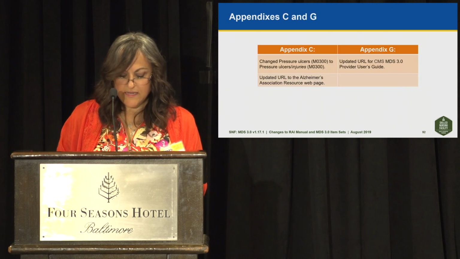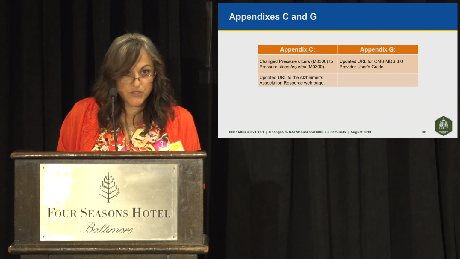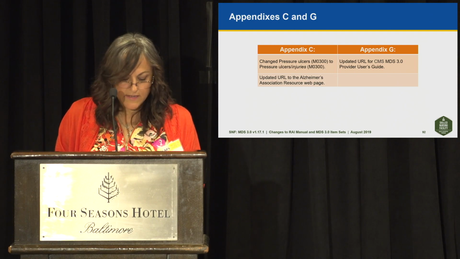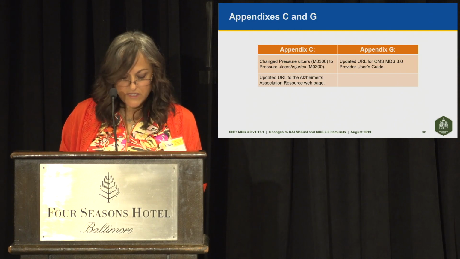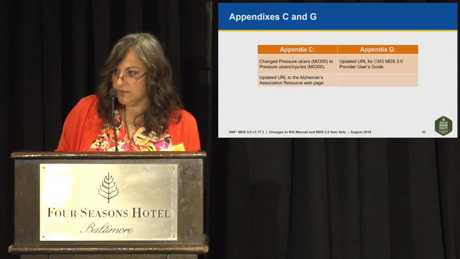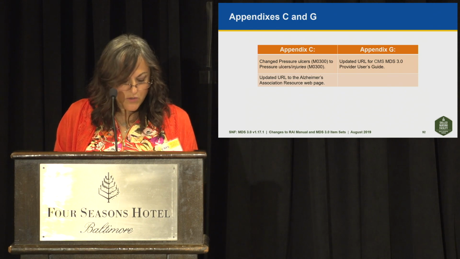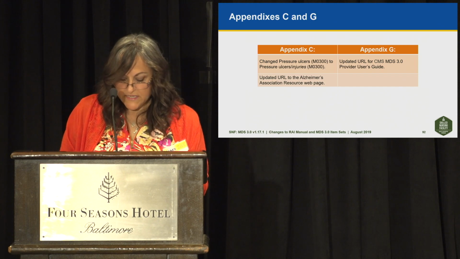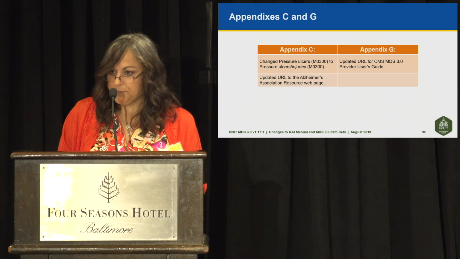In Appendix C, pressure ulcers was changed to pressure ulcer/injuries, and the URL to the Alzheimer's Association resource page was updated. And in Appendix G, the URL was updated for the MDS 3.0 Provider Users Guide.